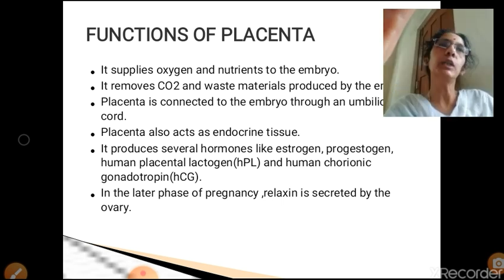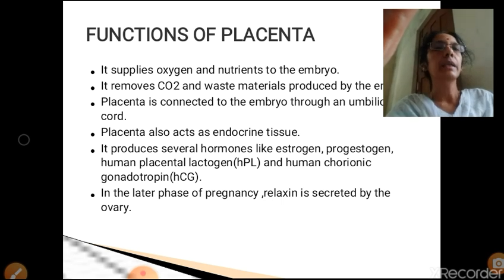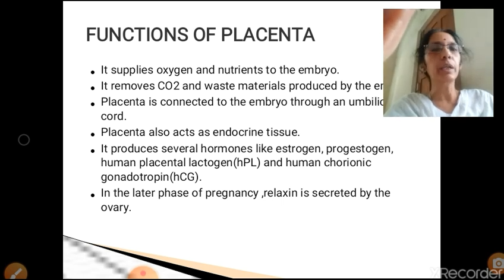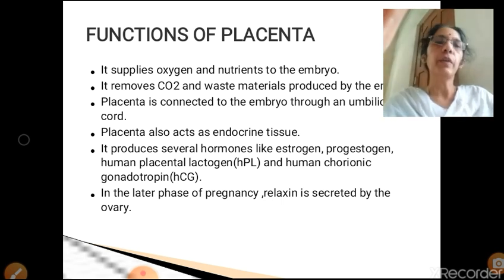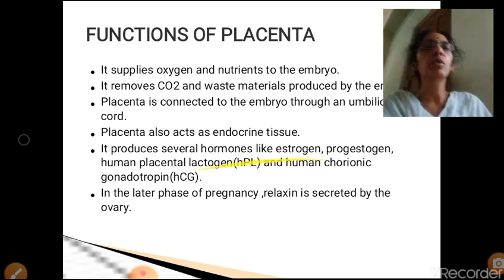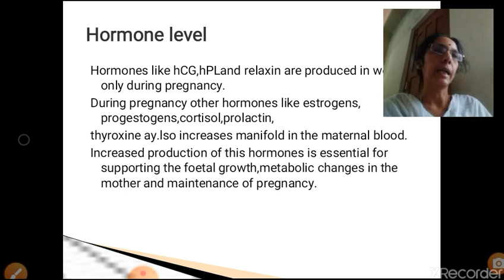Placenta is connected to the embryo with the help of a disc called the umbilical cord. It is considered to be an endocrine tissue because it secretes estrogen, progestogen, human placental lactogen, and human chorionic gonadotropin. In the final stage of pregnancy, ovaries secrete a hormone that is called relaxin.